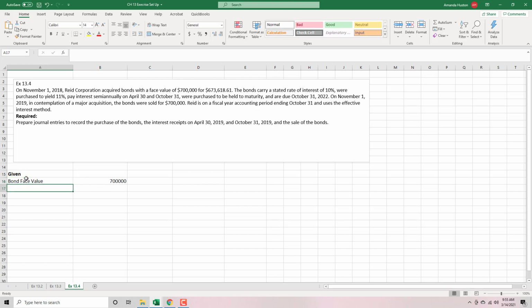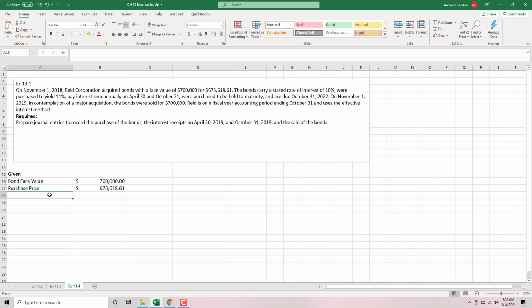We then have a stated interest rate of 10% and an effective interest rate of 11%.